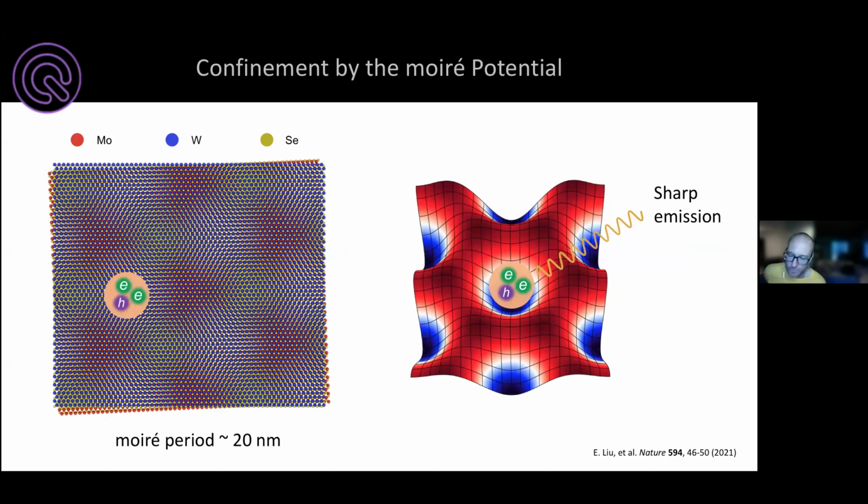And so the picture that we've given is that we now have these Moiré periods of about 20 nanometers, which are controlled by, in this case, lattice mismatch, and can also be controlled by twist. And this gives you this very, very sharp emission of these isolated trion features in their interlayer trions. So they demonstrated a strong dipole moment out of the plane.